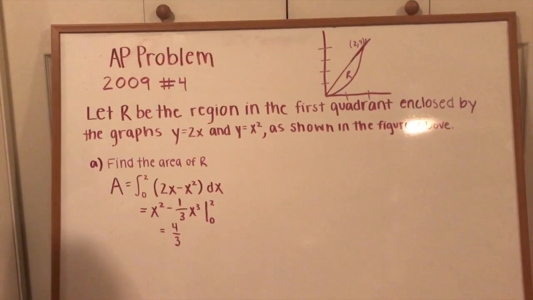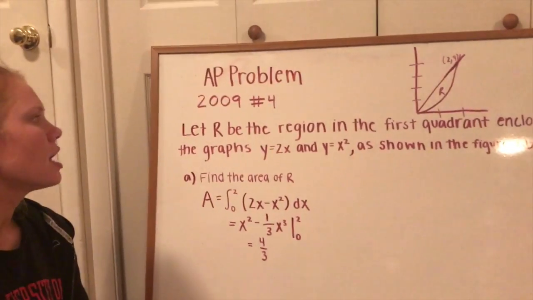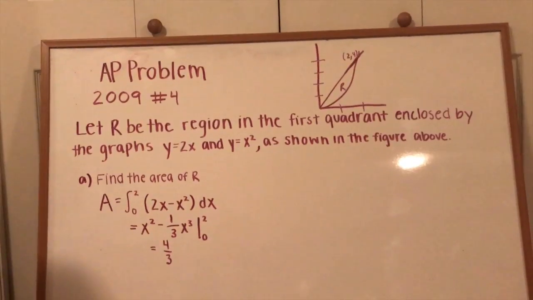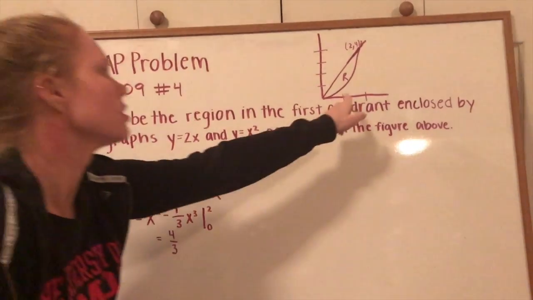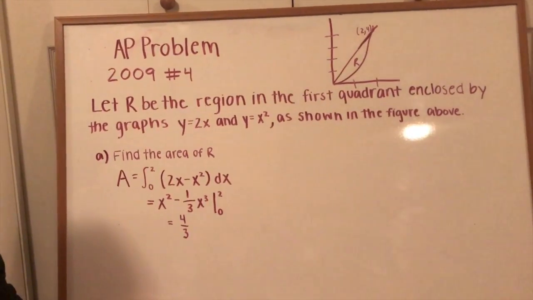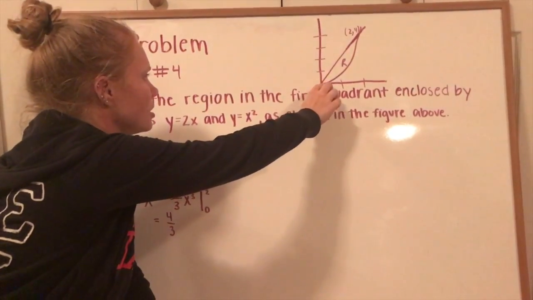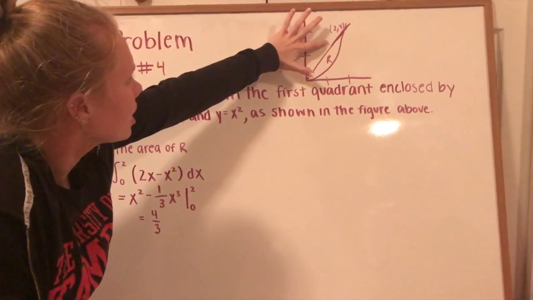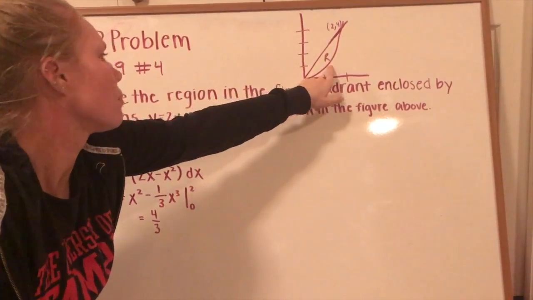Okay, so this is AP problem 2009 number 4, and the problem reads, let R be the region in the first quadrant enclosed by the graphs y equals 2x, which is this line, and y equals x squared, which is this line. So part A is find the area of R. As you can see, the bounds are 0 to 2, and the top function is y equals 2x, and the bottom function is y equals x squared.